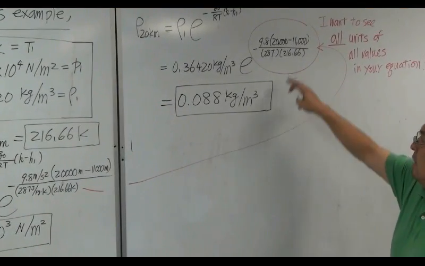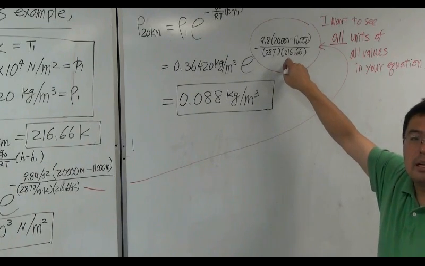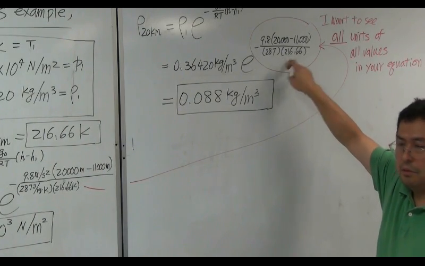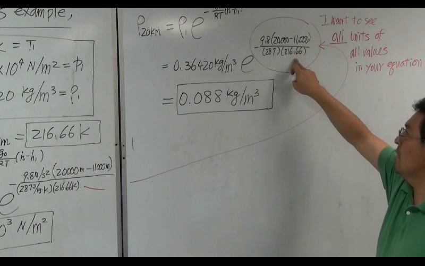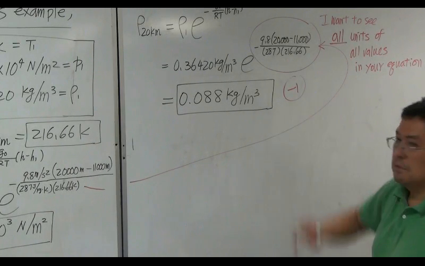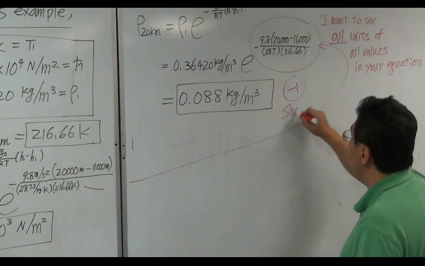Even though I've done this, I'm telling you right now, don't do this, please. If you do this in your exam, homework, quiz, whatnot, I try to do this: minus 1 point, show units.